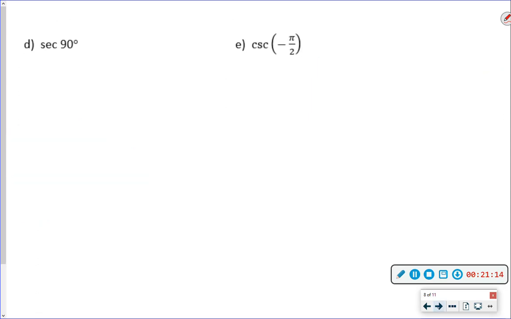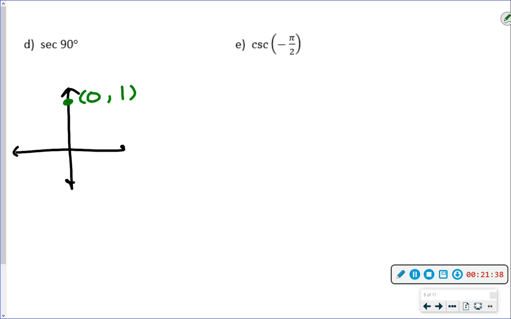All right, let's do some other ones like secant, cosecant. Same thing, just first figure out your point: top, bottom, left, right. So 90 degrees, which point is that? Top. So this ordered pair, you went up 1, so it's 0, 1.